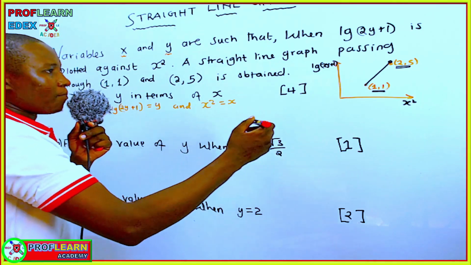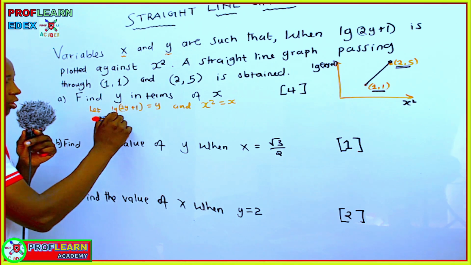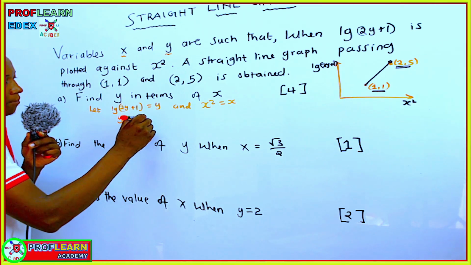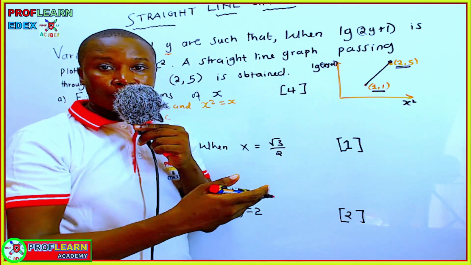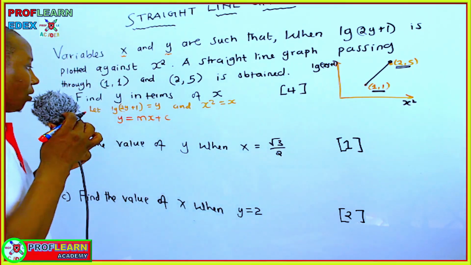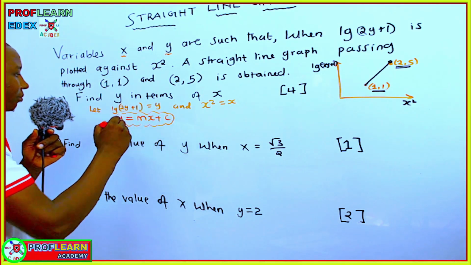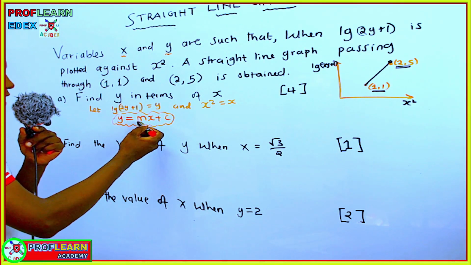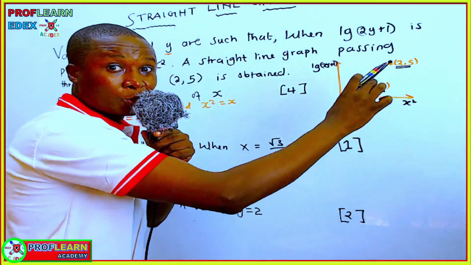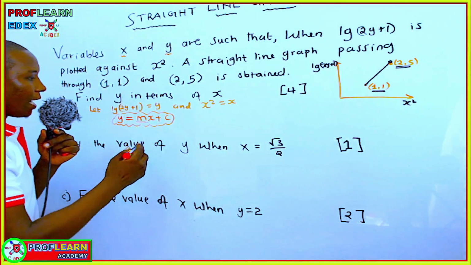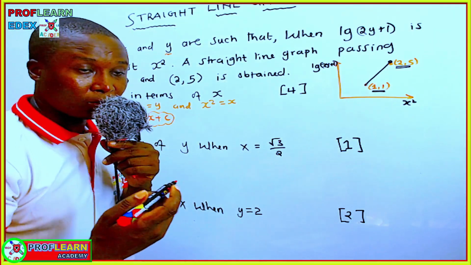Because we are given the coordinates, we can say a straight line is going to be written y equals mx plus c, which means that we are going to find the gradient m, and we can find it using the points that we have here. We can also find the y-intercept, which is the value of c.